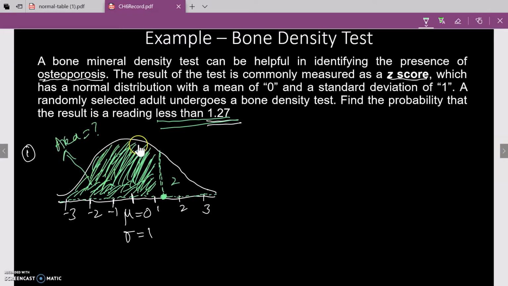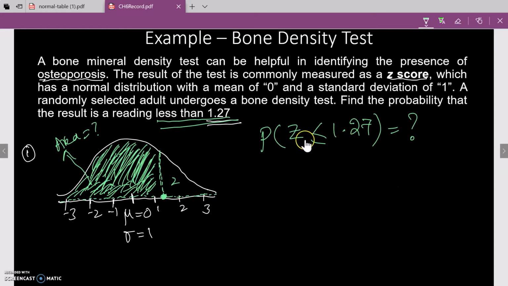And remember, in this chapter, area is the same as probability. So this is the area I'm going to find out. The problem is that I have to find the probability that the z value is less than or equal to 1.27.